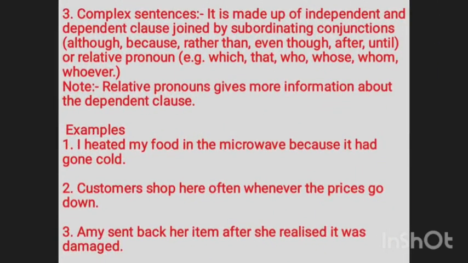We have complex sentences. Now, a complex sentence is made up of an independent clause and a dependent clause joined by a subordinating conjunction. Subordinating conjunctions are words that connect an independent clause to a dependent clause.